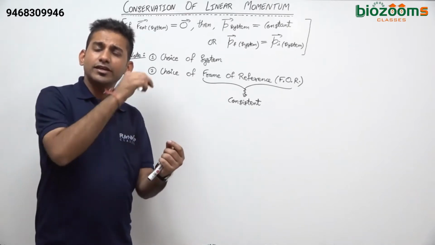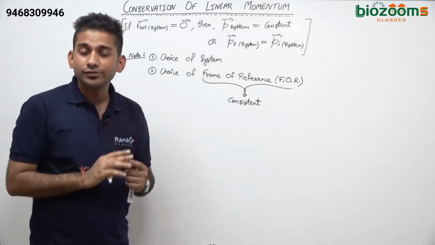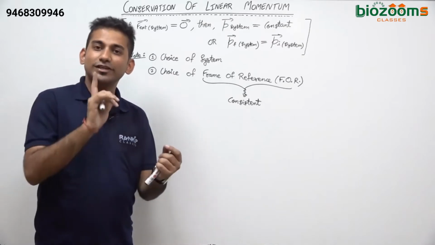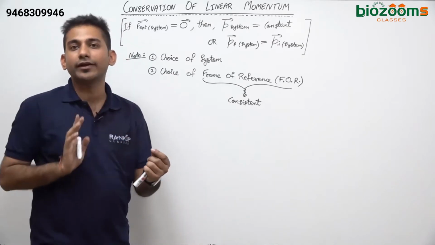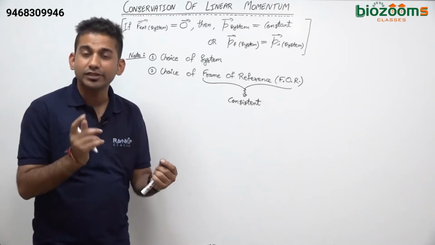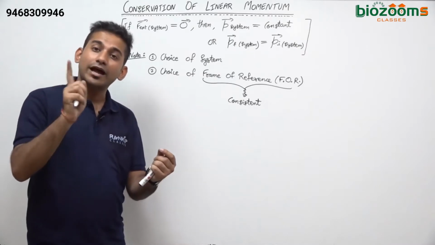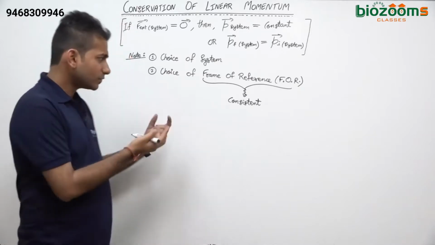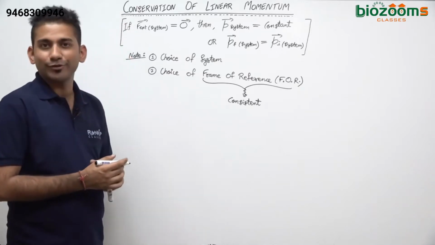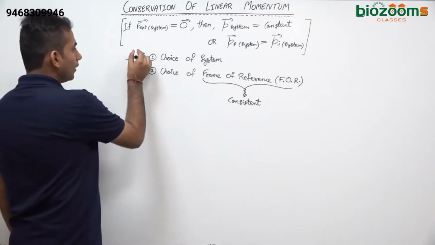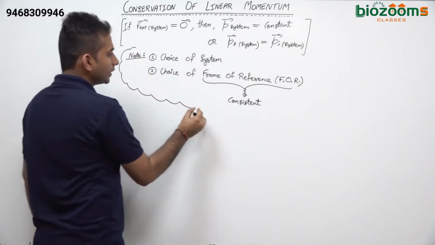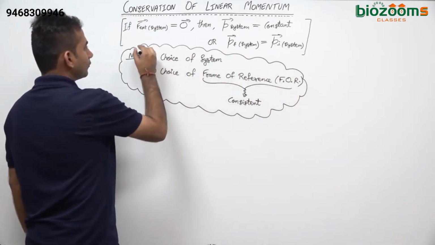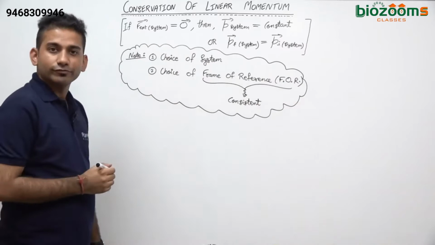When we are writing the individual linear momenta, our frame of reference must also be fixed, which means we need to observe all the individual particles and write their linear momenta while standing at one particular position only, or you can say with respect to only one frame of reference. Now let us understand why these two important factors are to be taken care of.